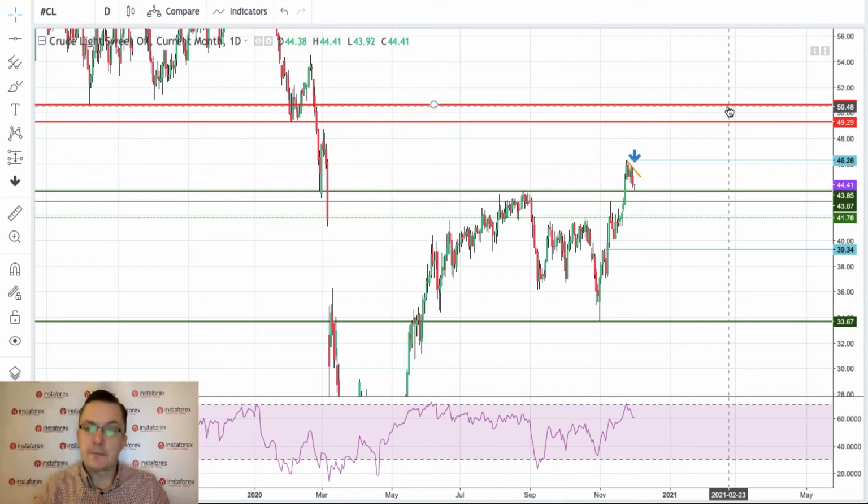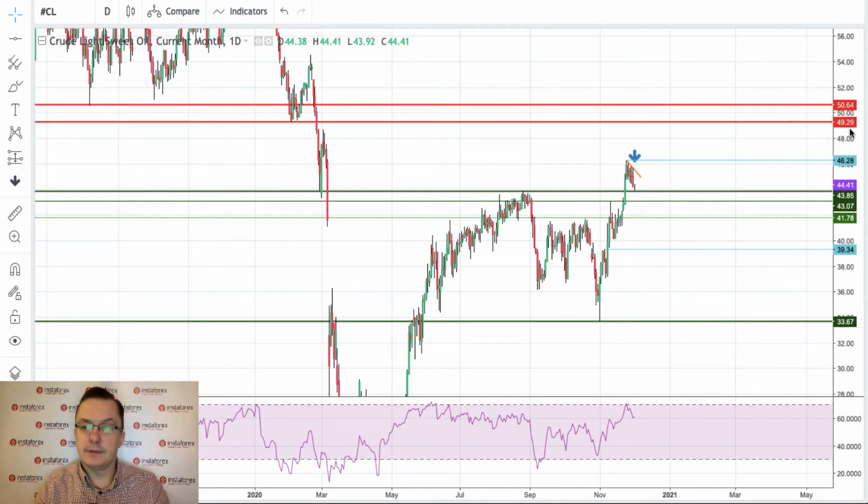It's between 49.29 and 50.64. So around the level of 50, roughly, right? So the level of 50 is a big resistance for the crude oil prices, and as you can see, we might get there. We might get there surely, but it will be hard for the bulls to break higher above this level.